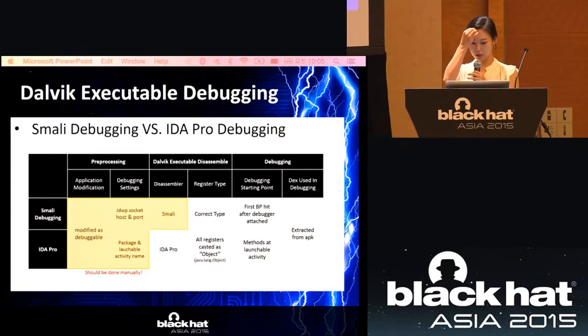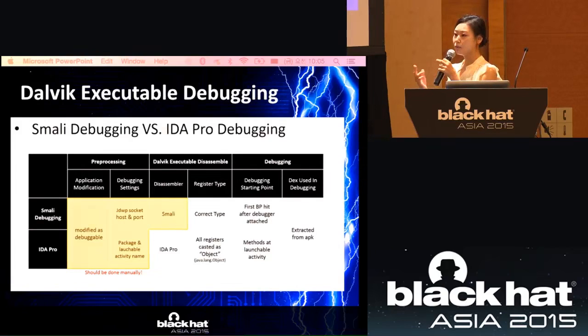I will explain more later about register types, but Smali debugging gives the correct type of registers. But IDA Pro converts every register, casting it as object. So in the case of some registers which cannot be cast as objects, such as primitive types, they give a bad fault error.